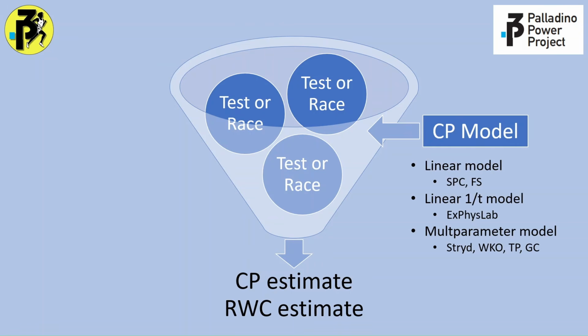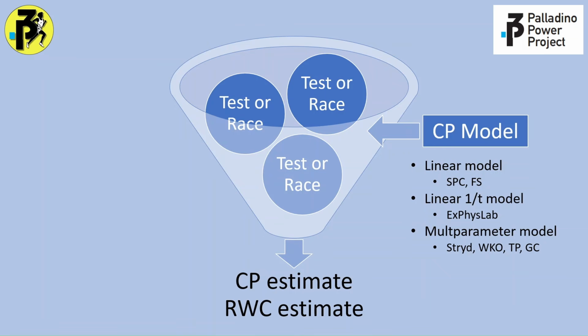Now, the most often used models are the linear model, which is employed in the Superpower calculator and the Final Surge calculator in the Palladino Power Project calculators and Final Surge, which are free.